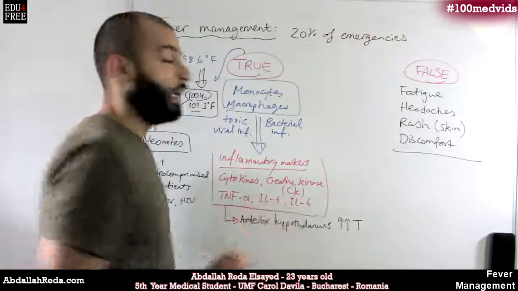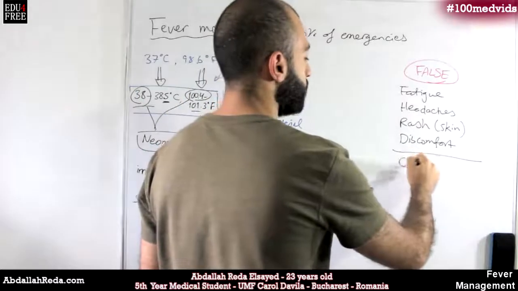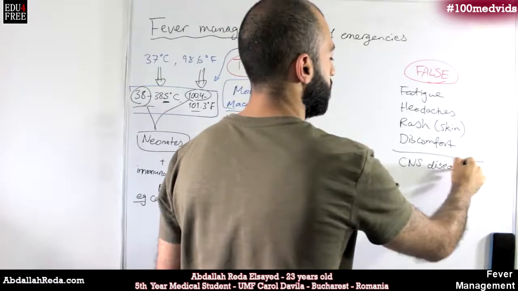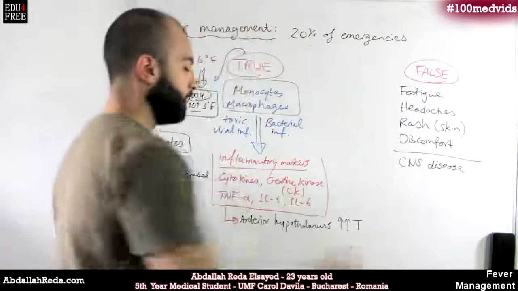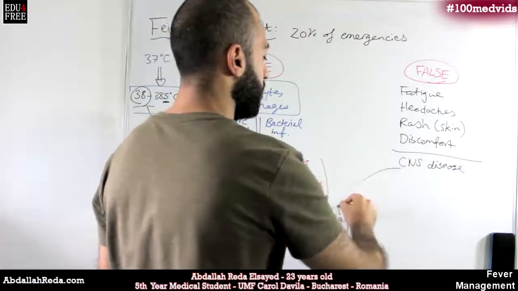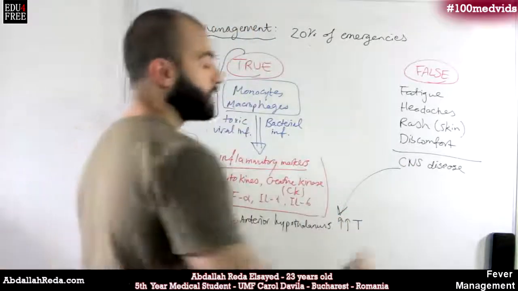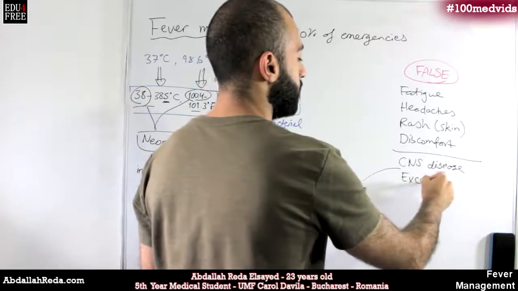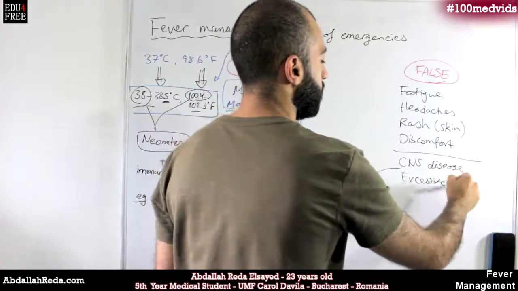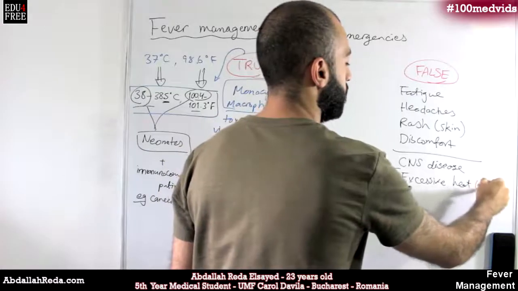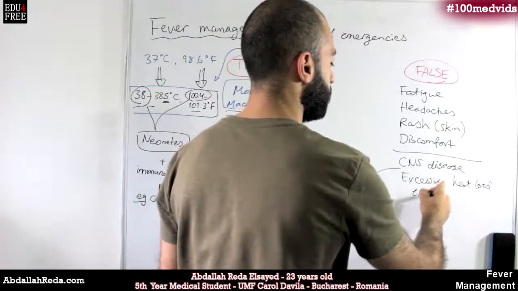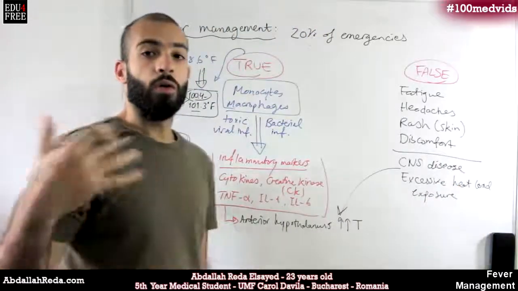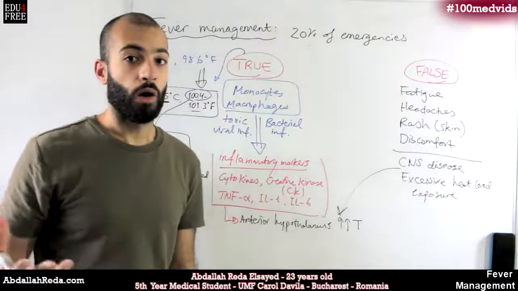For example, this can happen according to a CNS disease, a central nervous system disease, that would affect the hypothalamus. For example, that can occur due to excessive heat load exposure. An example of that would be a kid who was left in a closed car.